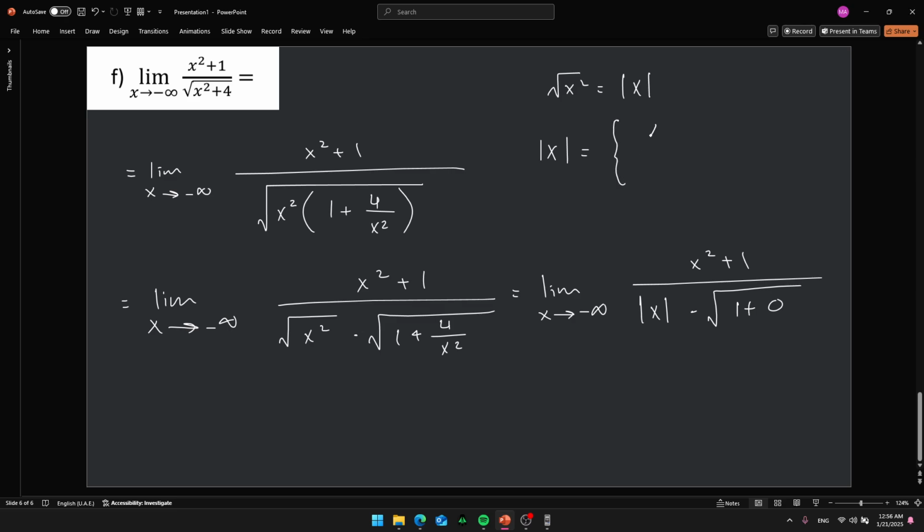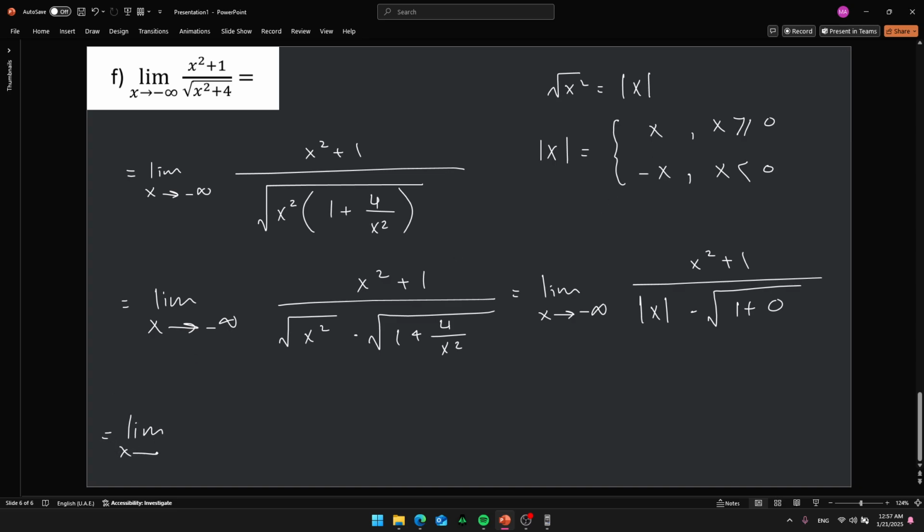Now, this function actually contains two functions in it in a certain condition. So positive x when x is greater than or equal to 0, and negative x when x is less than 0. Okay? In this case, x is going to negative infinity, and negative infinity is definitely less than 0, so we're picking the second function with a negative.